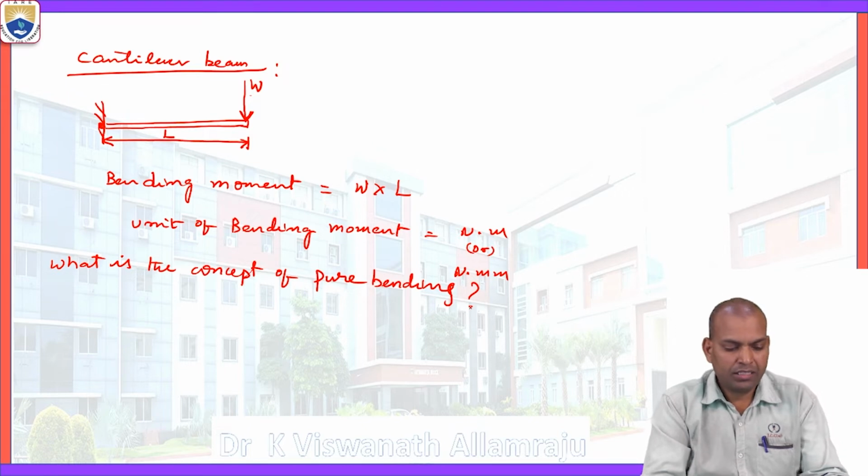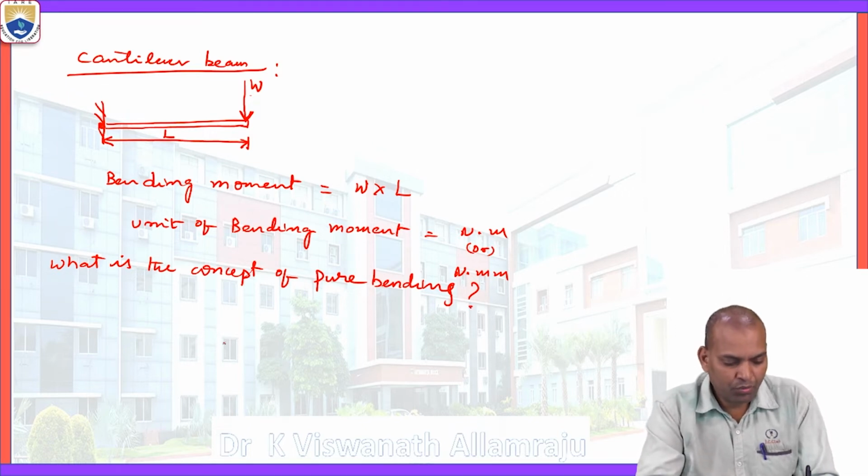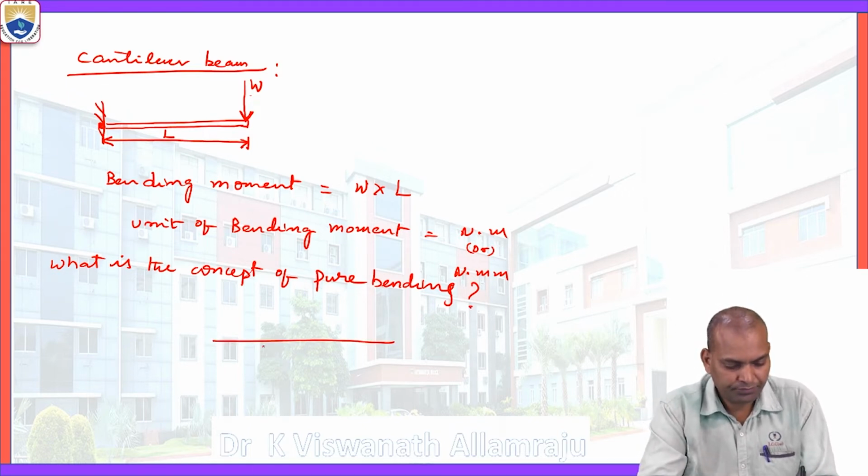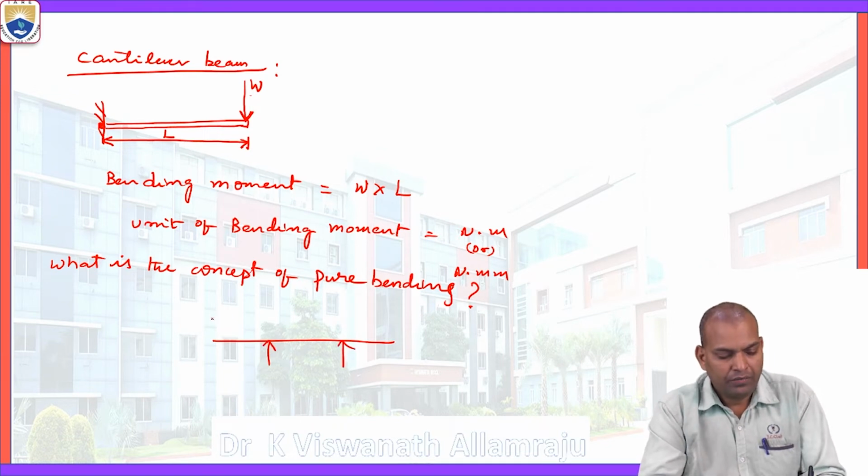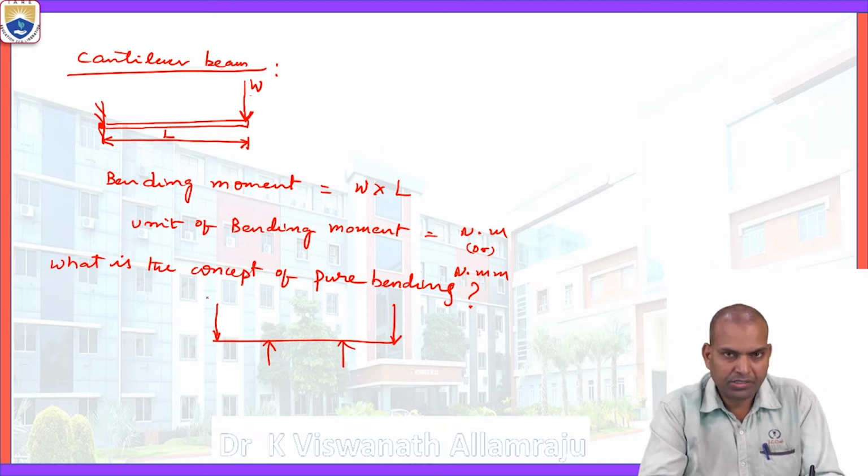If we consider a beam, that is an overhanging beam, which is acted on by point loads at the ends, that is W and W, at a distance A from the supports.